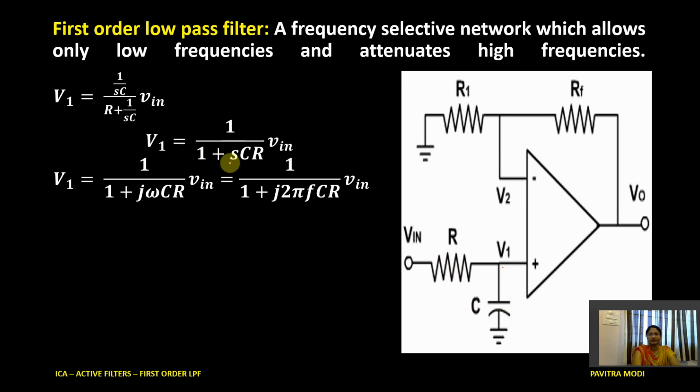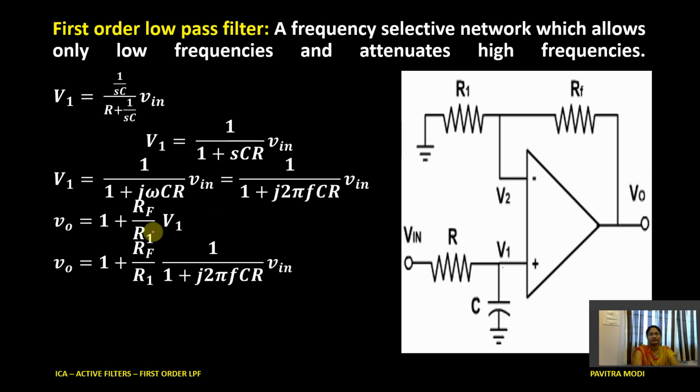Substituting S equal to j omega, and omega equal to 2 pi f, and substituting this V1 in the V0 expression, V0 is equal to (1 plus RF by R1) into V1, which gives V0 equal to (1 plus RF by R1) into 1 by (1 plus j 2 pi f CR).